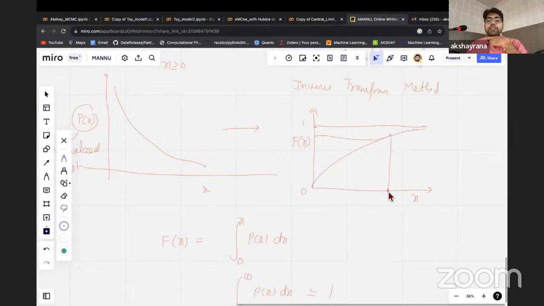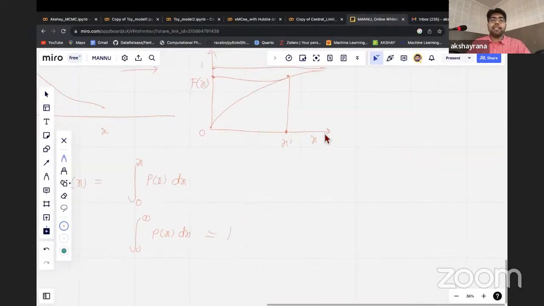Let's say I'll choose this x prime, some number, and corresponding to this I am always going to have an F(x) over here, and the value of F(x) is going to be between 0 and 1. So if this is the case, would it be fine if I place this F(x) equal to a uniform random number between 0 and 1?